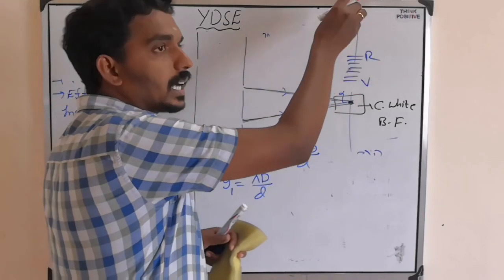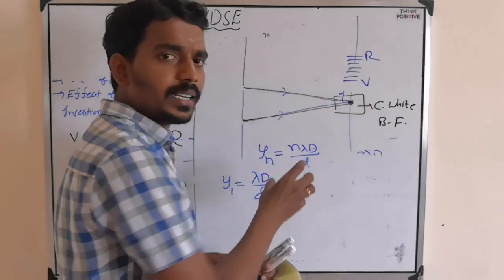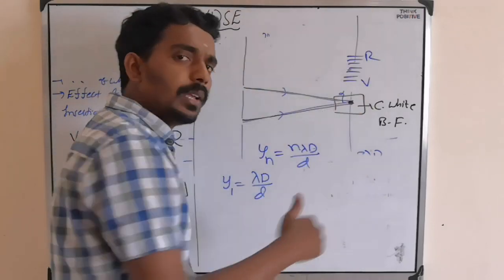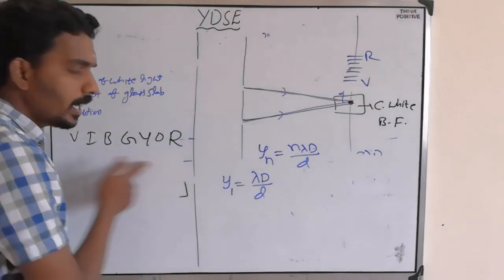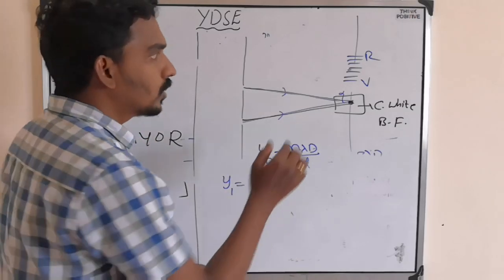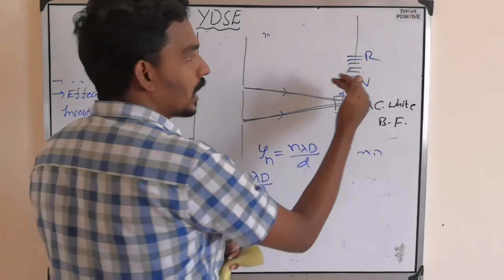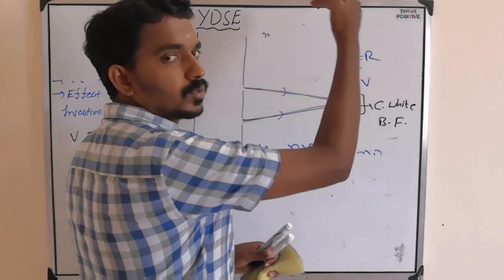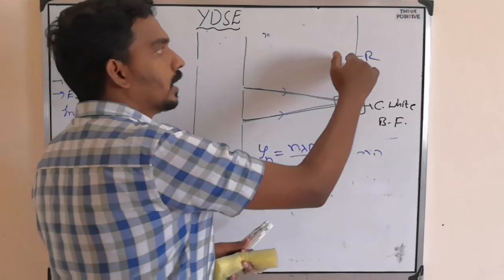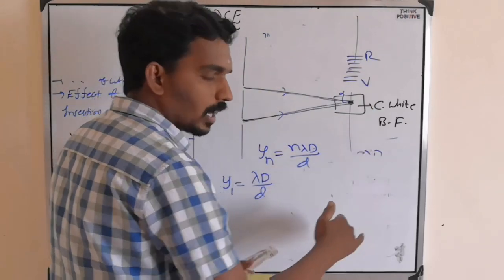So you will get colored fringes because only at the center are all mixing. After that, above and below, because of their different wavelengths, their bright fringes will not coincide. Their bright fringes form at different distances, like first violet, indigo, and so on, and last red. Then the second bright fringe somewhere here, third, and so on, here also.